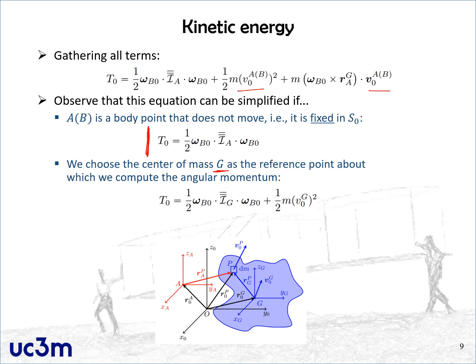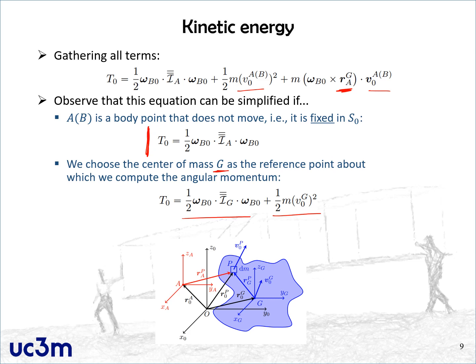All right. When we do that, the vector RGA, so the vector that goes from A to G, vanishes because A is G. All right. So we only have two terms, which are the two that you can see over here. Now, as we will see in the next slide, this has a nice interpretation. The kinetic energy of the rigid body can be decomposed into two contributions.